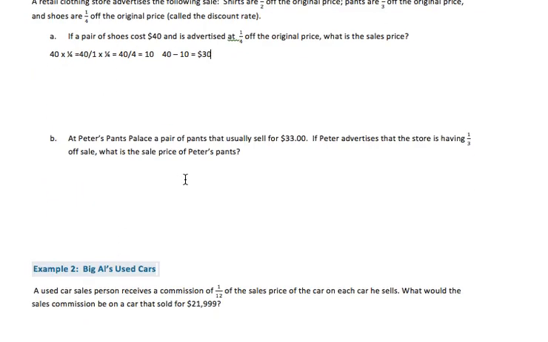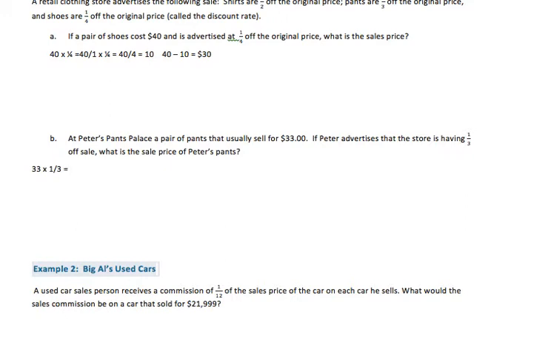Part B talks about a pair of pants that normally sells for $33, and that sale is 1/3 off the original price. So again, we would do the same thing. 33 times 1/3.